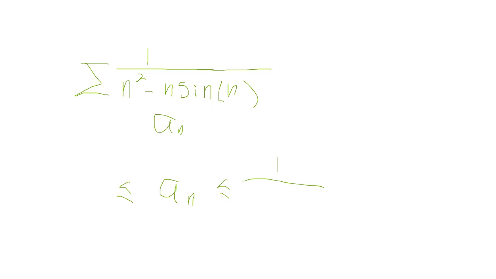Sine n is in between -1 and 1: -1 less than or equal to sine of n less than or equal to +1. So that's why this a_n is bounded in between two. So this one is n squared minus n. The denominator is smaller, so the fraction is bigger. So this one is bigger than a_n, and then the other one is n squared plus n.